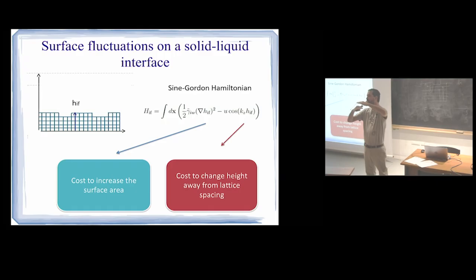So it's a general principle that the surface tension decreases with temperature. Okay? So if you were at a liquid vapor interface, that's easy to see. As you increase the temperature, surface tension goes down, and eventually at the critical point, it must vanish.